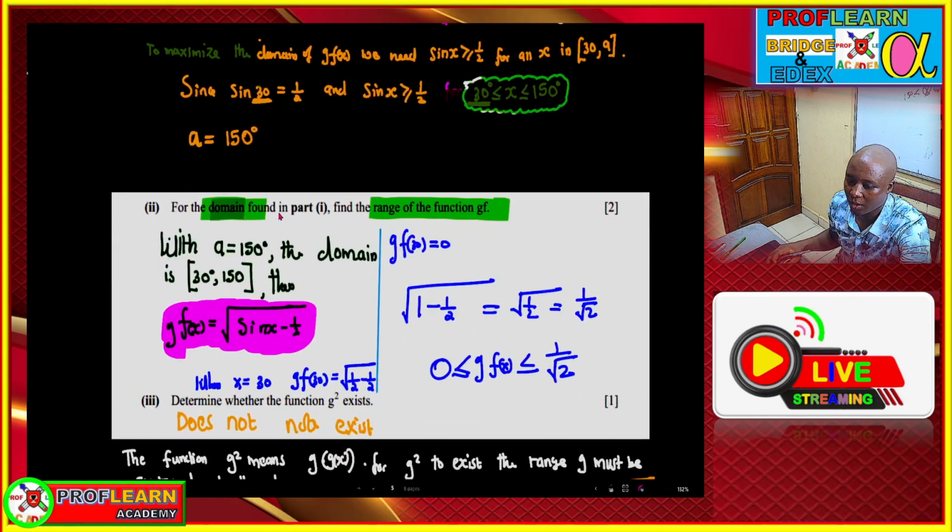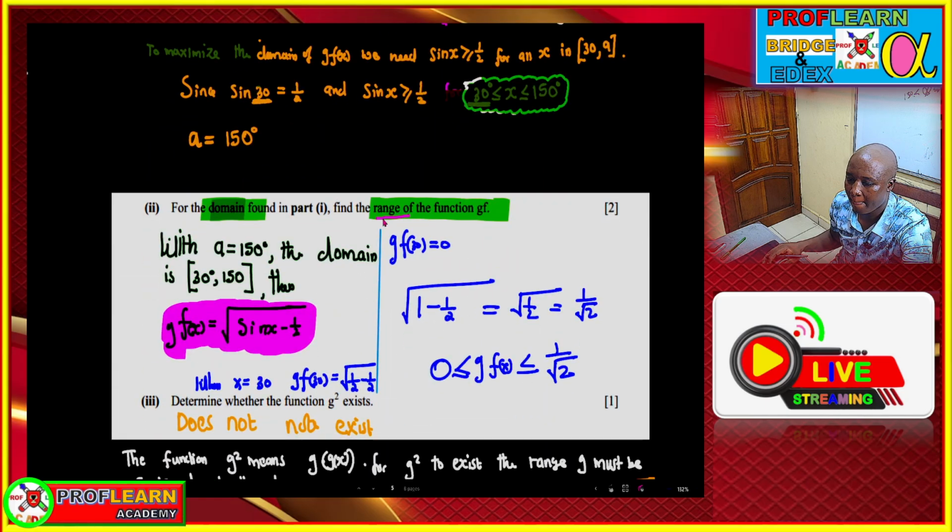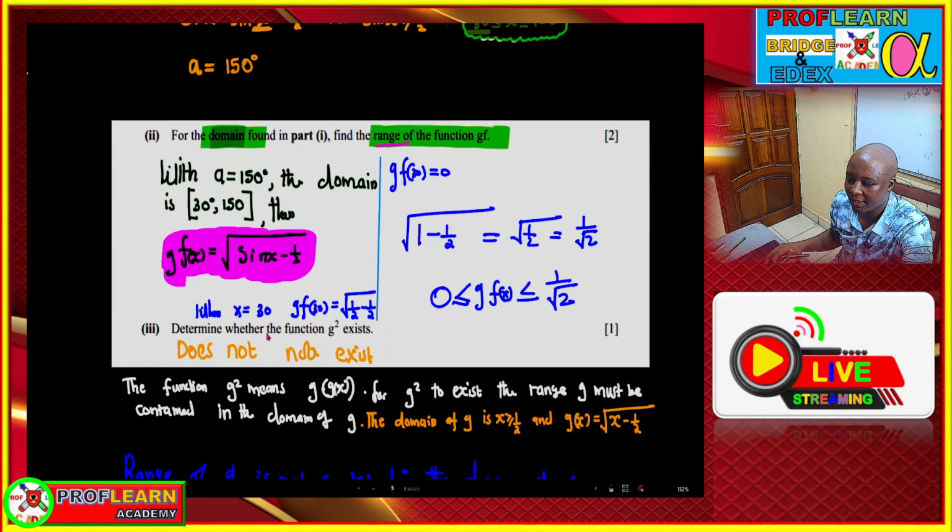We're also supposed to, for the domain found in 1, find the range of values of g of f of x. For the domain, find the range. Remember, for you to write g f of x, it means anywhere you have x in g, you substitute f of x.